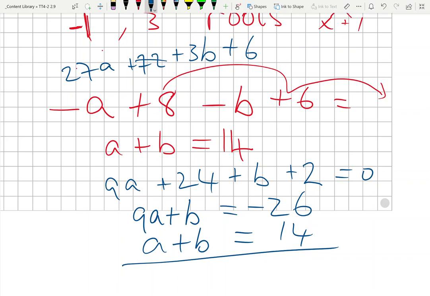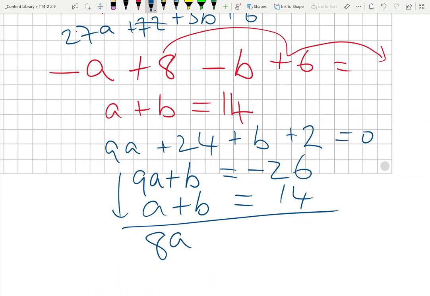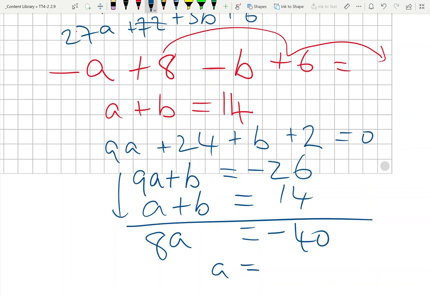I subtract down to keep the a's constant. 8a equals -40. a equals -5.